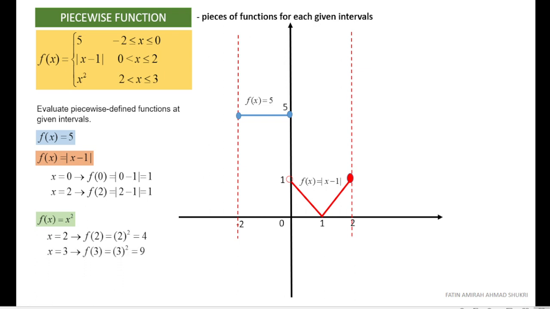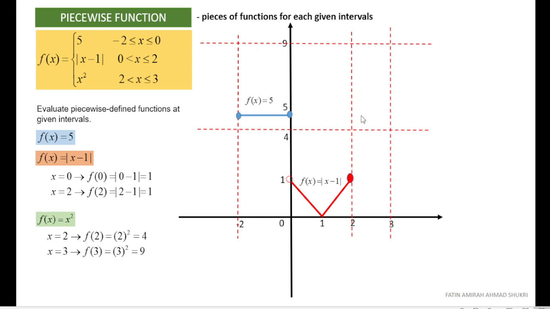Okay, once you dah dapat, barulah you draw. So, you nampak dekat sini, interval dia 2 ke 3. So, mesti within this. So, when x equal to 2, y equal to 4. So, here lah within this area. And then, when x equal to 3, f equal to 9.